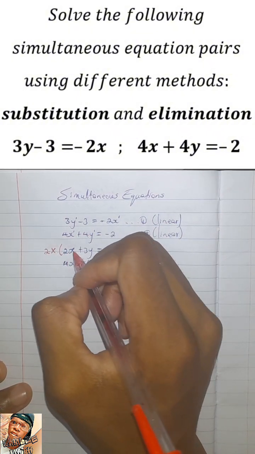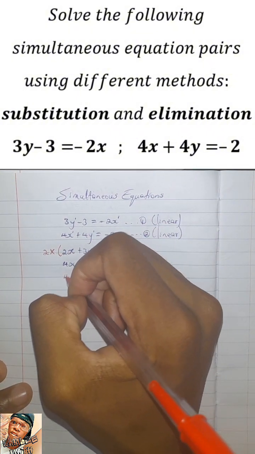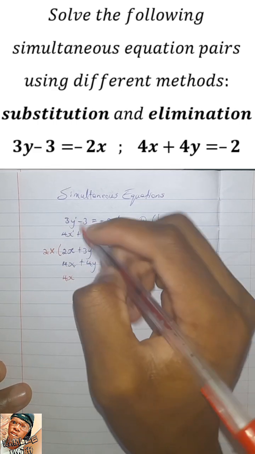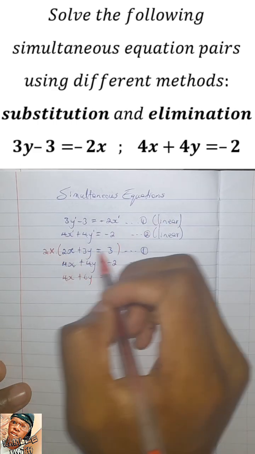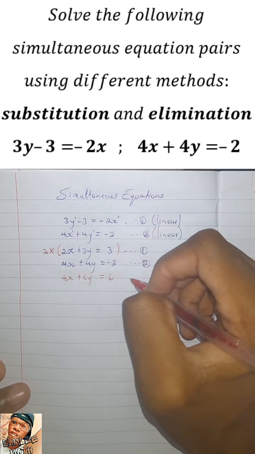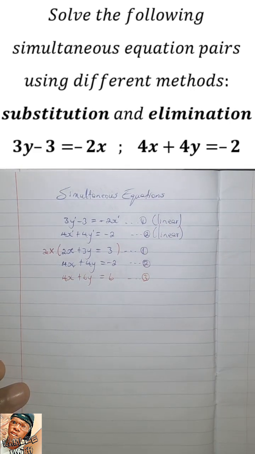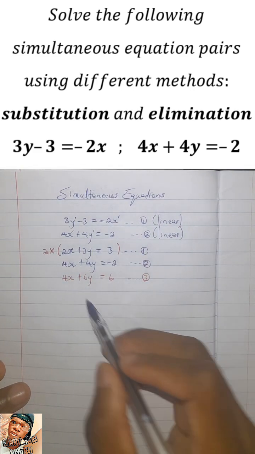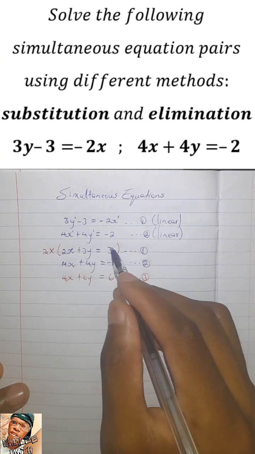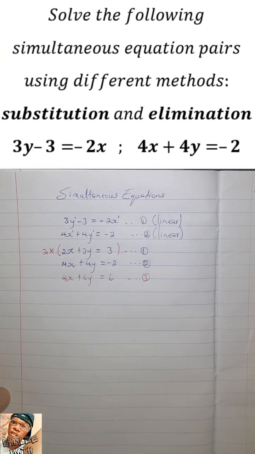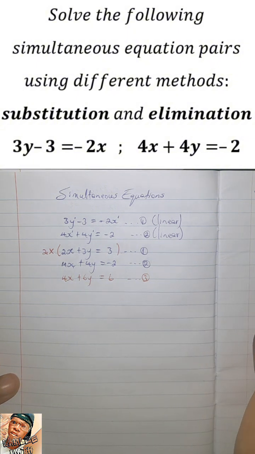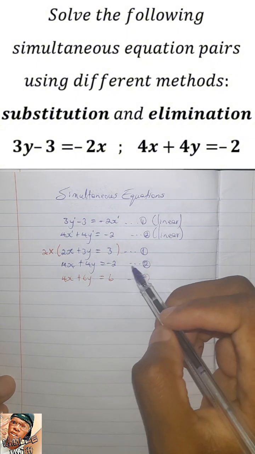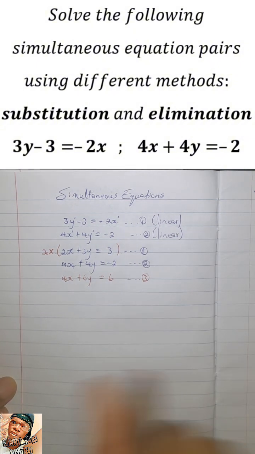So 2 multiplied by 2x is 4x, 2 multiplied by 3y is 6y, equal to 2 multiplied by 3 is 6. Now that's our equation 3, right? Now that we have equation 3, forget about equation 1, because we have manipulated it, right? So focus on the newly formed equation. So now we have equations 2 and 3 that we should focus on.